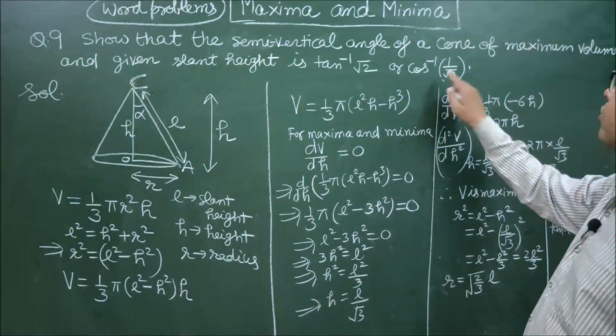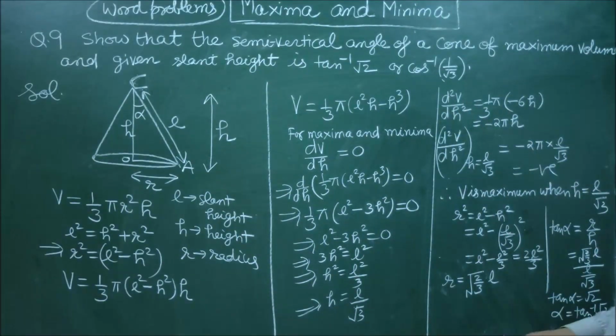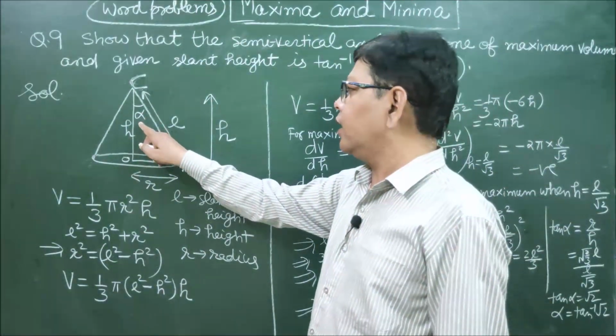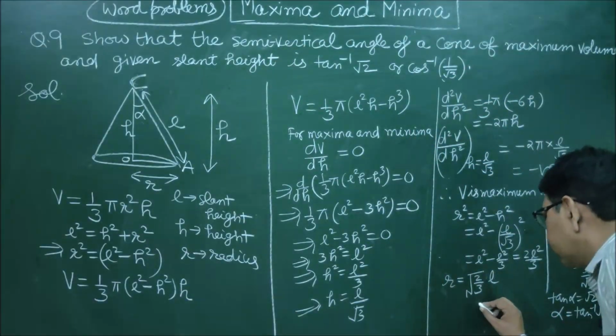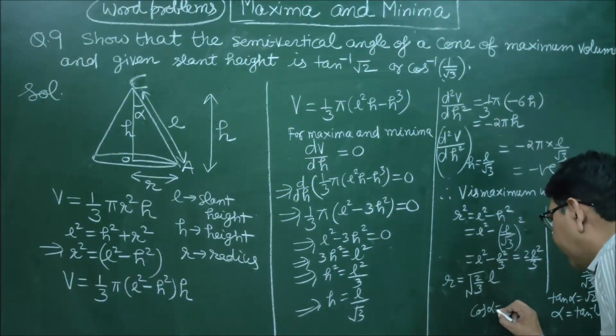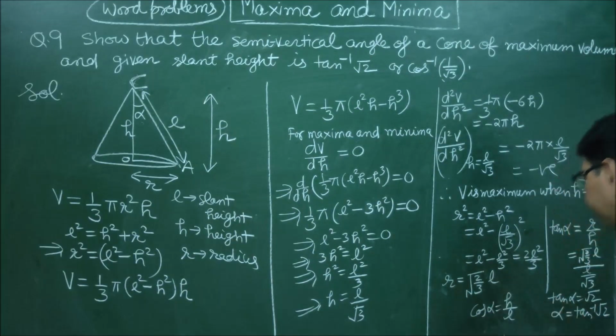Now if you want to find it in terms of cos, then cos alpha is equal to base upon hypotenuse. So cos alpha is equal to h upon L, and the value of h we have calculated is L upon root 3.